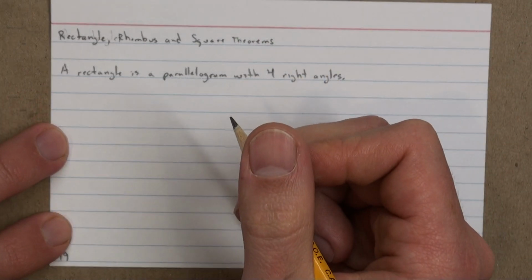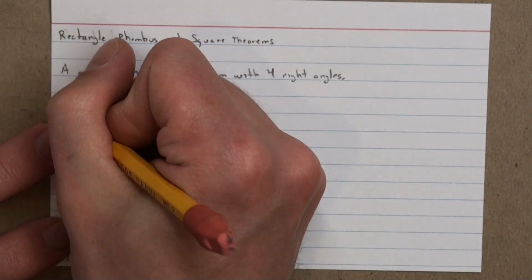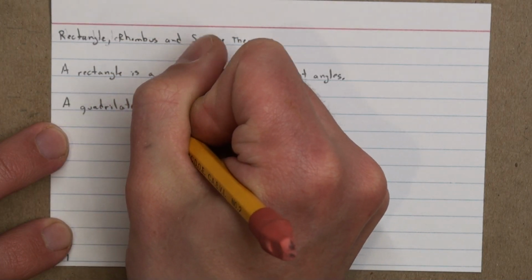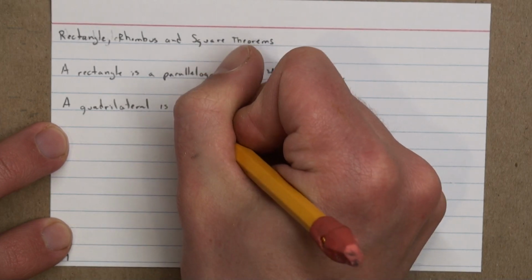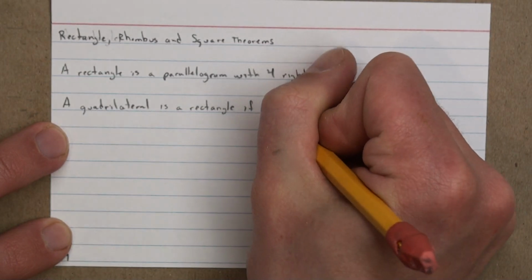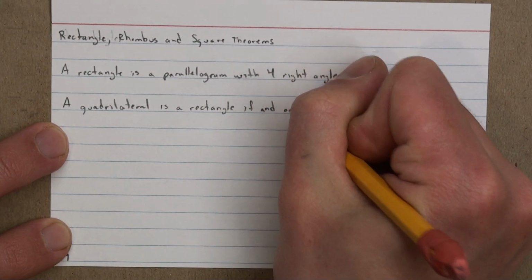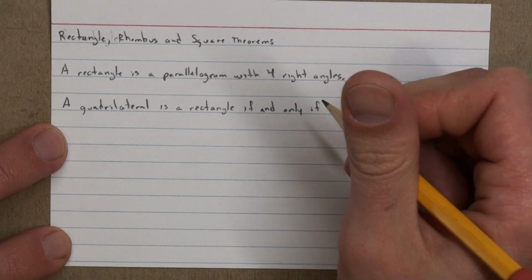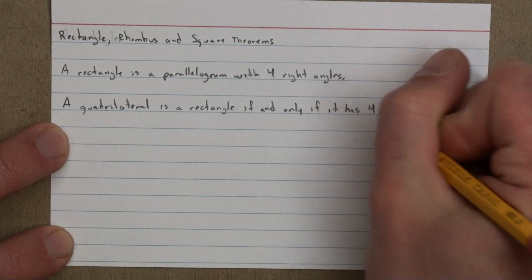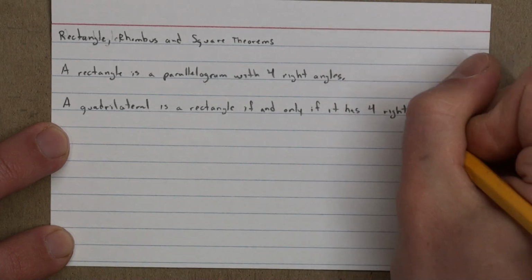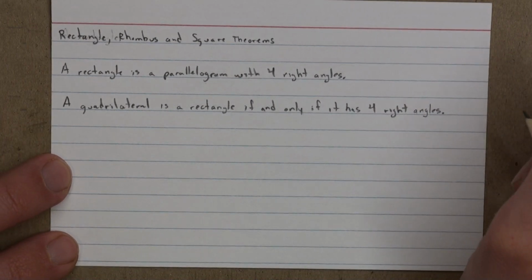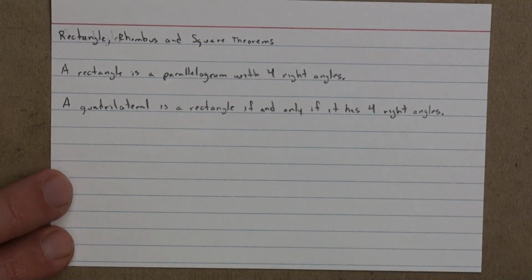We can also say a quadrilateral is a rectangle if and only if it has 4 right angles. Now we can say if a parallelogram has 1 right angle, it is a rectangle.